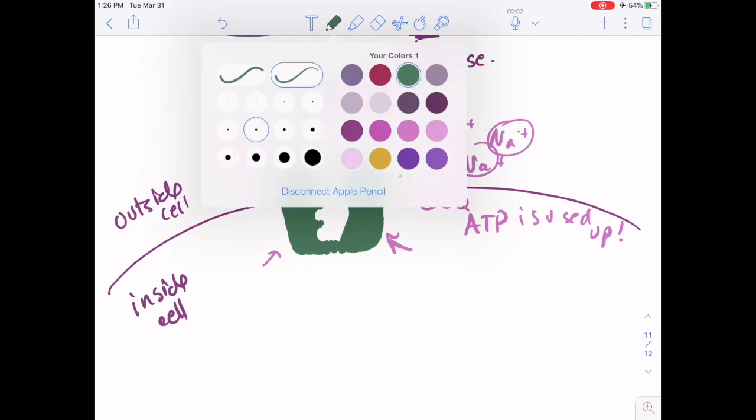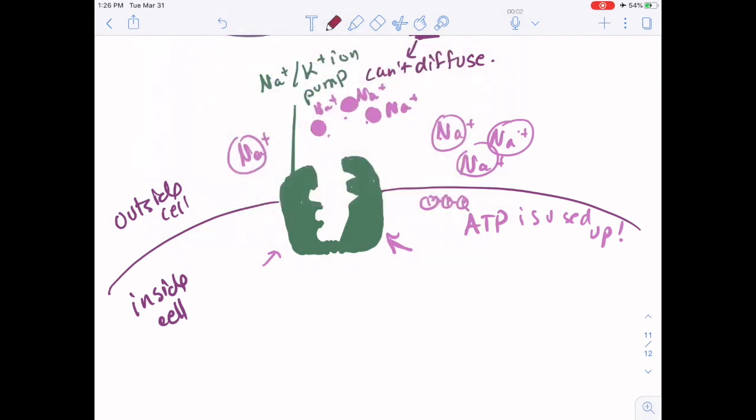For this thing to open back up to the cell, what happens, what color shall I use? This one. There are potassium ions, and let's make them triangular shaped. 2 potassium ions hitch a ride inside the cell.